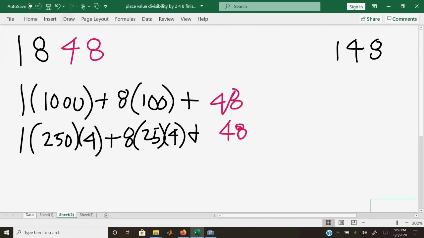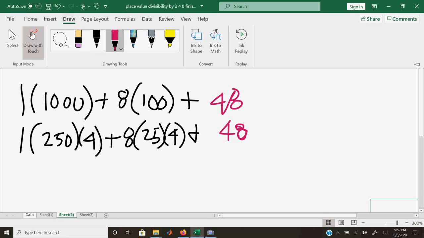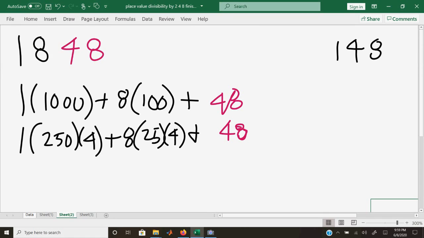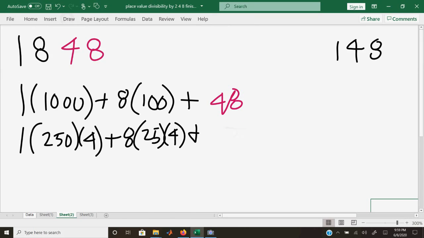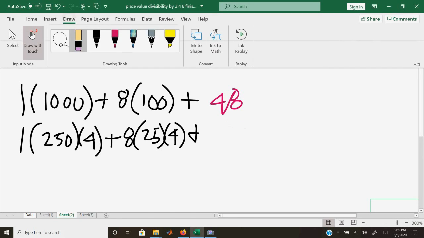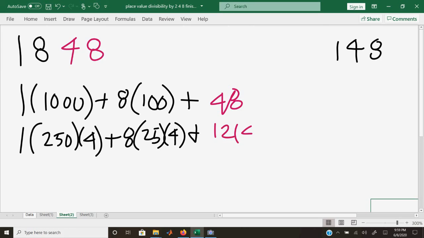It's obvious that the thousands place and the hundreds place are divisible by 4. I really only need to check the 48. And I'll call that 12 times 4.